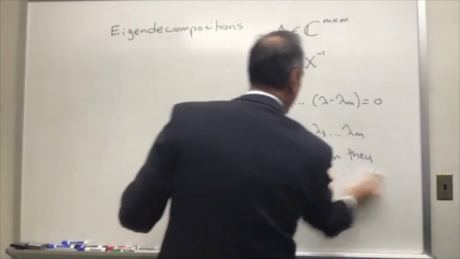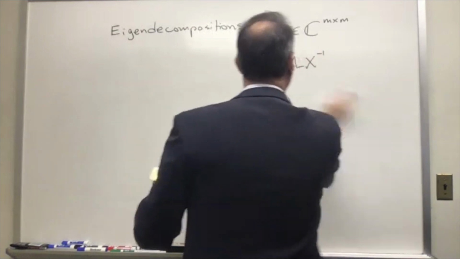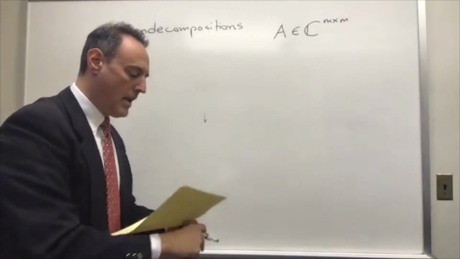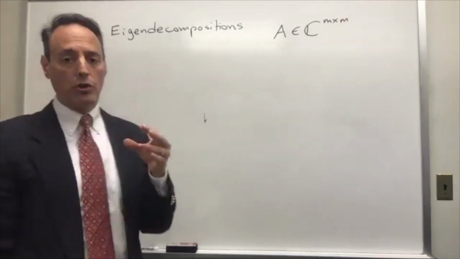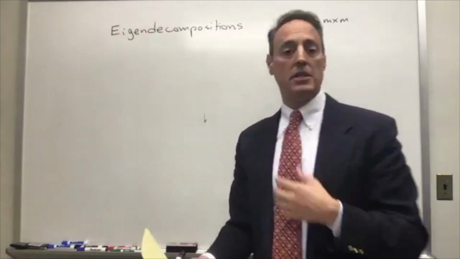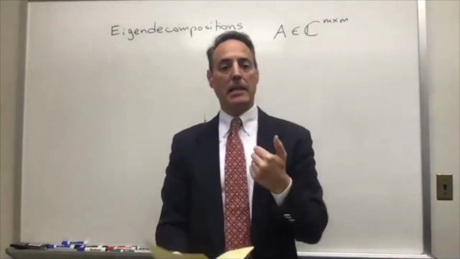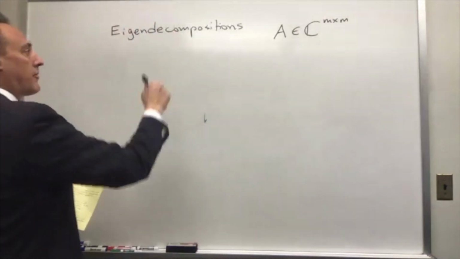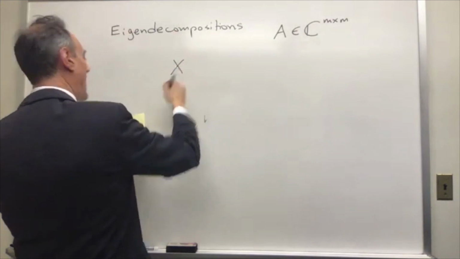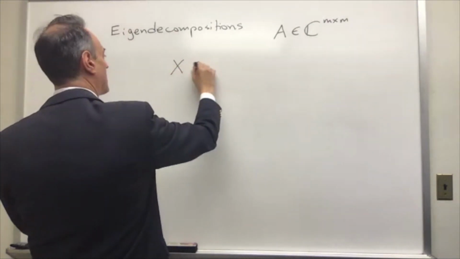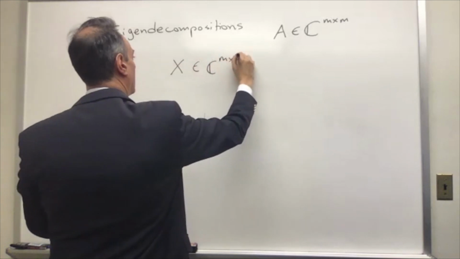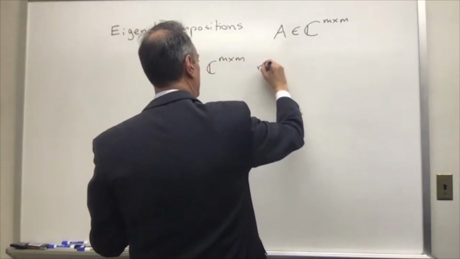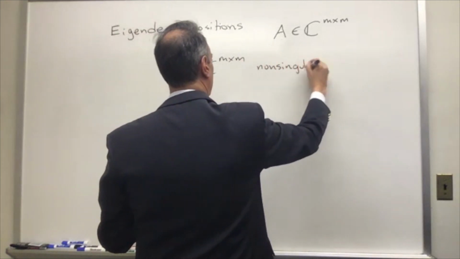One more concept before we do a couple of simple examples. And this is the concept that you can use eigenvector matrices to produce what's called a similarity transformation. What is a similarity transformation? Let's consider for the matrix A, if I have my eigenvectors all arranged in X, which is some complex matrix, which is M by M. And since I could do this, this is a non-singular matrix.